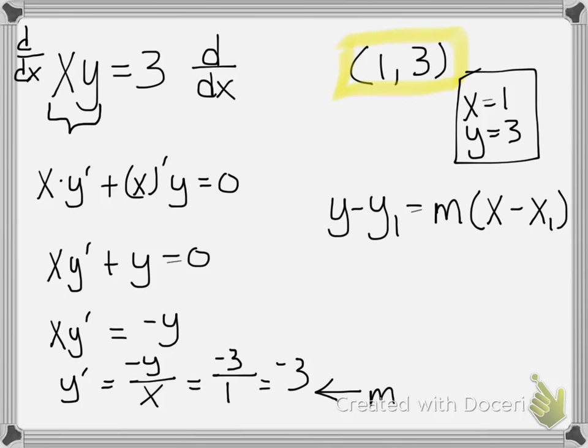Alright, so now that we have our y1, our x1, and our slope, we can just go ahead and plug this information in, and I'll do that on another slide. I'll clean this up a bit.